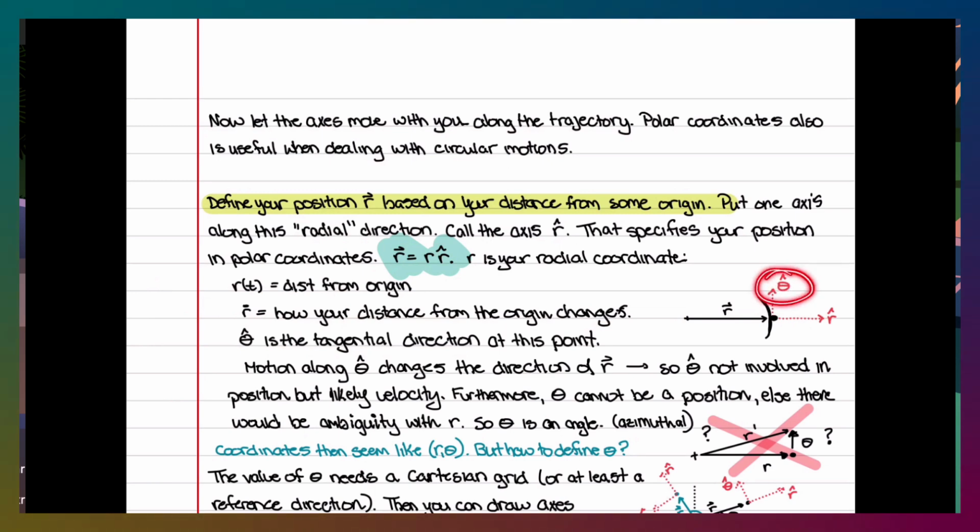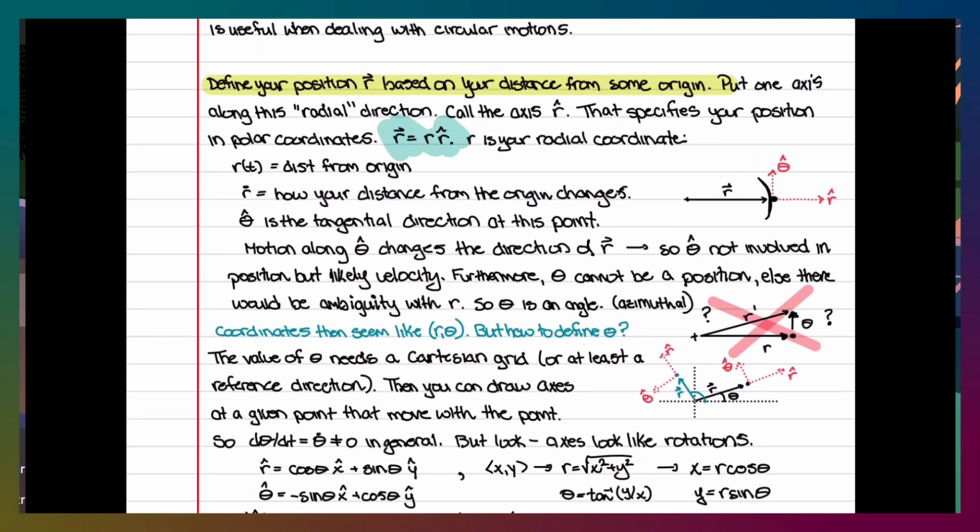So it makes sense that this coordinate will pop up in velocities and accelerations, but it has no role in position, because your first coordinate says everything you need. So we have the radial coordinate direction, and then we have this tangential direction, which is perpendicular to it.